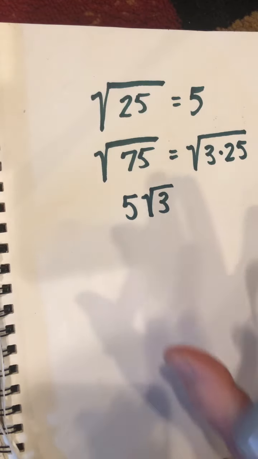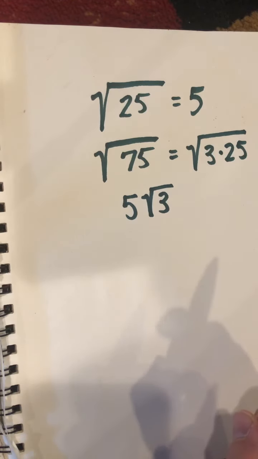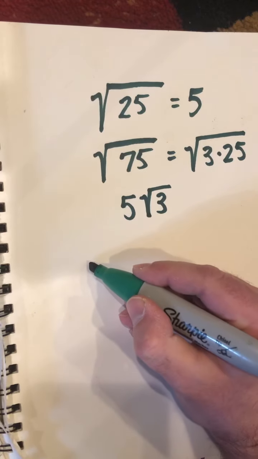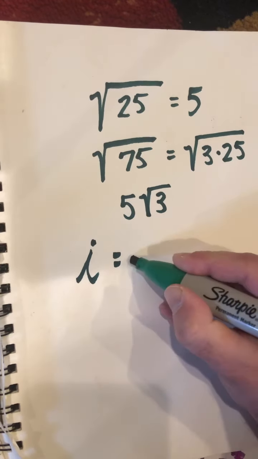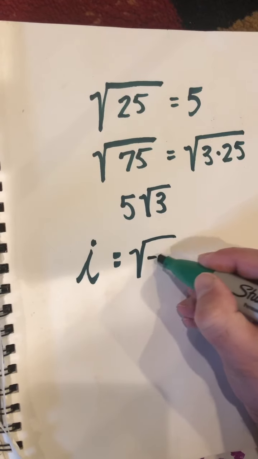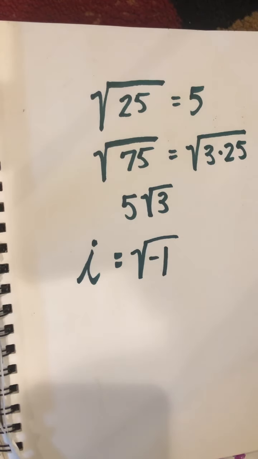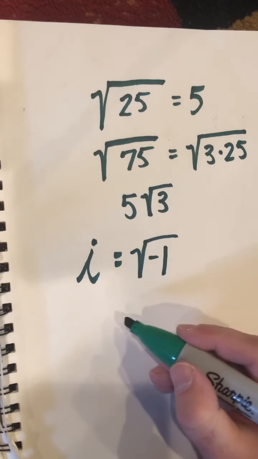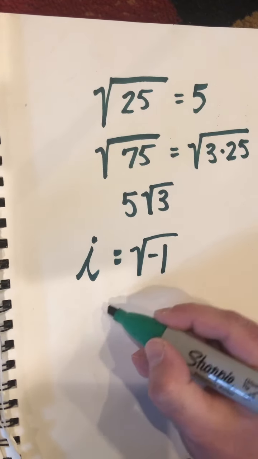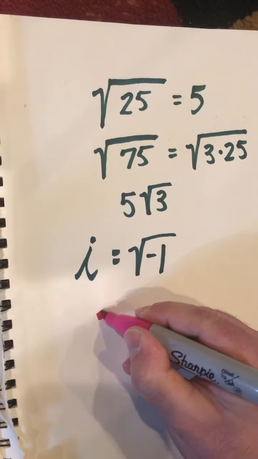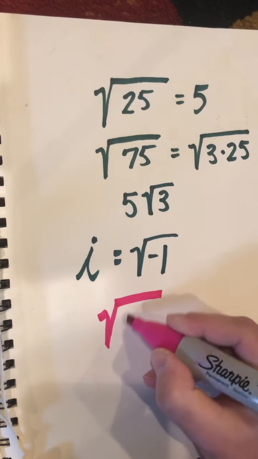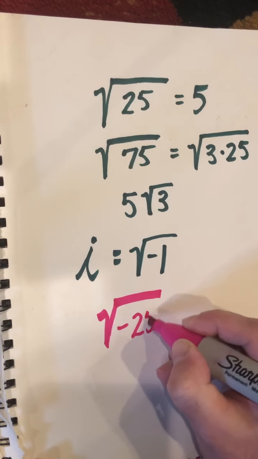Now, this is the tricky part, something that we've never done before, because we had stated previously that i equals the square root of -1. So if we combine things under a square root and we have a negative under there, let me use a different color just to illustrate this. Let's say that we have the square root of -25.